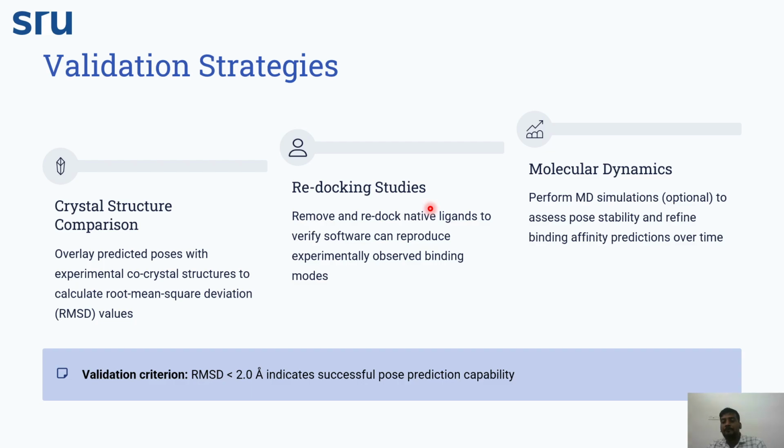After completion, we again superimpose our docked complex with the native ligand. If the RMSD is less, usually less than 2 angstrom, it is better. Like this, we can validate our docking strategy.